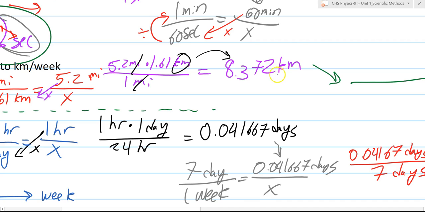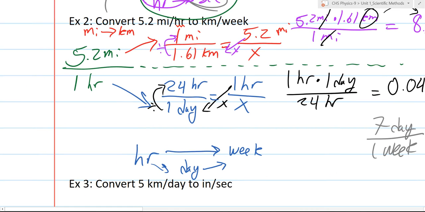Okay, so then I paused that, and then I came over here, and I had to go from hours to weeks. But I couldn't go directly, I don't know how many hours there are in a week, so I decided I can go from hours to days and then to weeks. So I did some separate problems for that. I knew that there were 24 hours in a day, and so then I have my given, which is 1 hour, put that over x, so that way the units match.